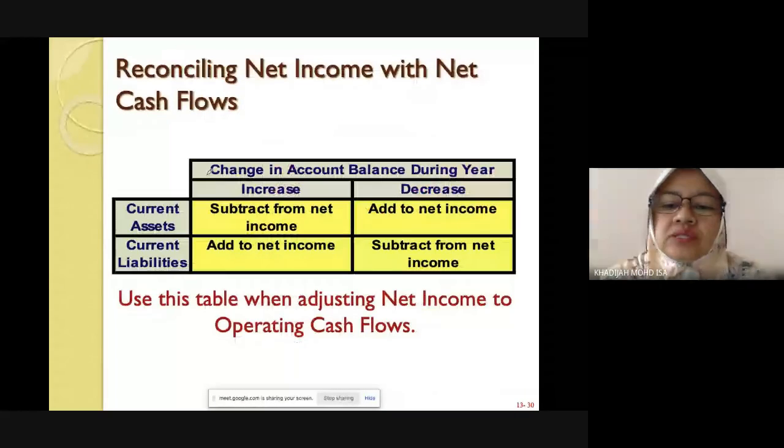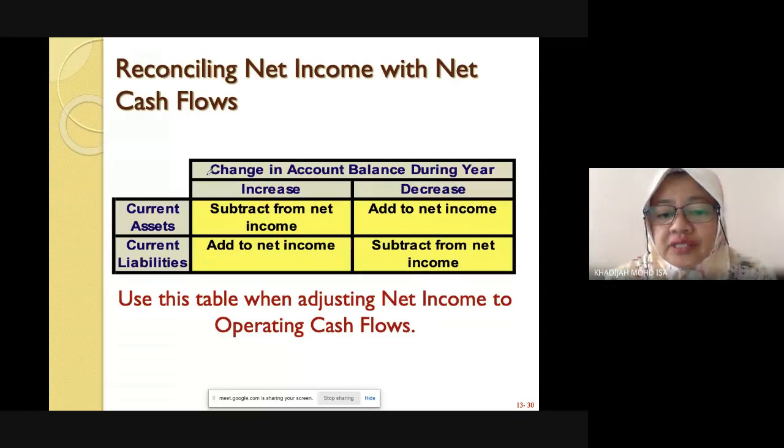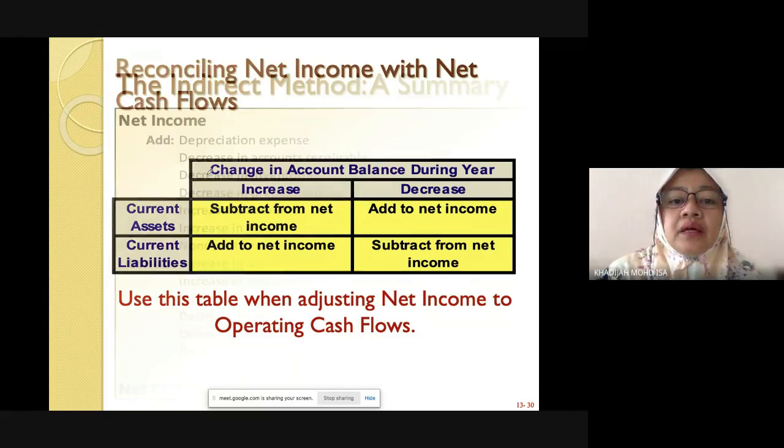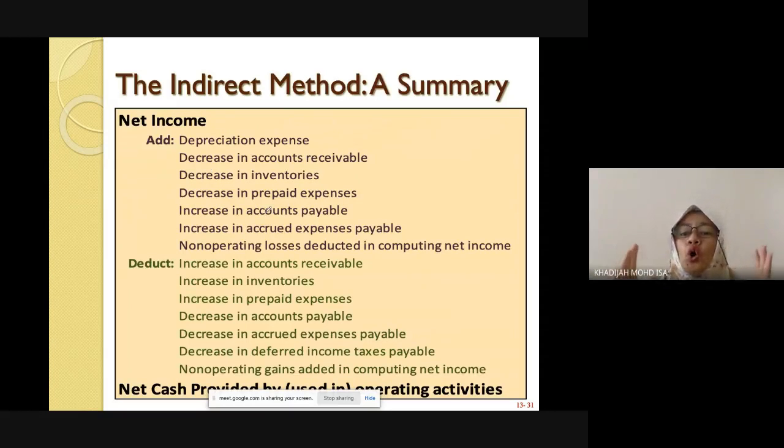This one we are going to go back to later. Whenever we have the information, you will see how we apply it. In summary, we are only looking at the operating activities. Starting from net income, you add back your depreciation. Then accounts receivable, a current asset: whenever there's a decrease, you add.